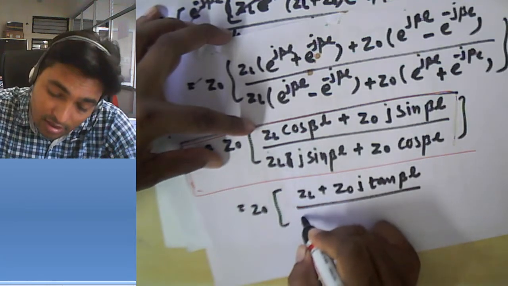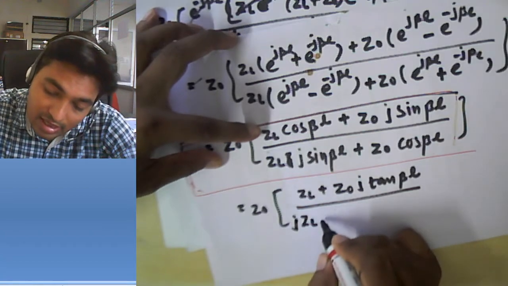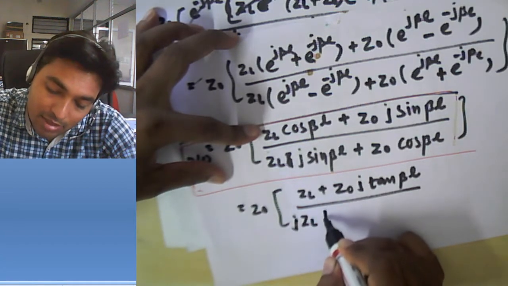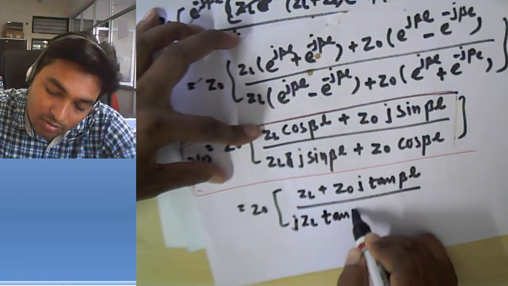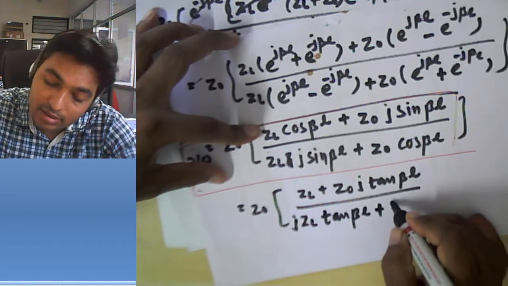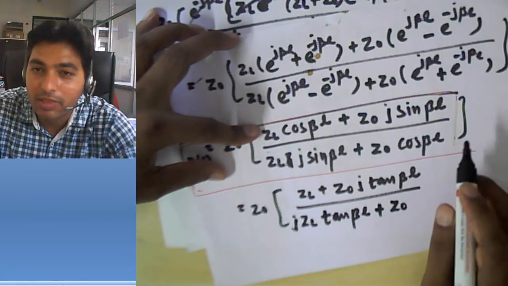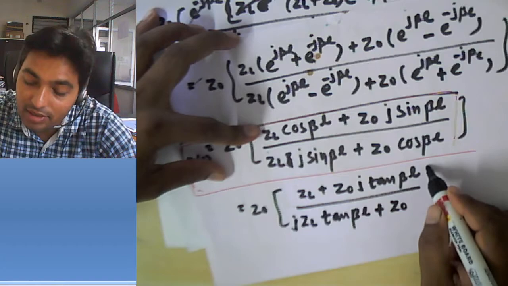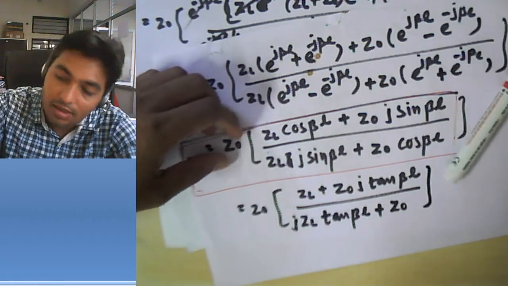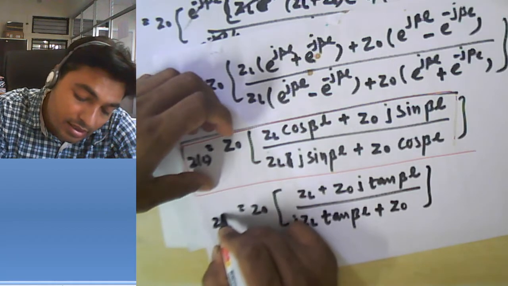So I will write this as J ZL sin beta L divided by cos beta L, that will be equal to tan beta L, and here it will be Z0 cos beta L divided by cos beta L, that will be equal to Z0. This is our impedance at any point.